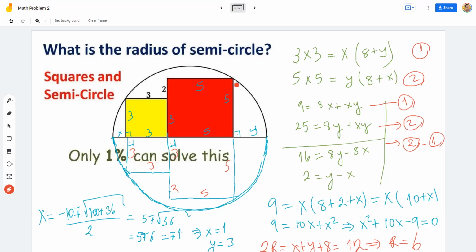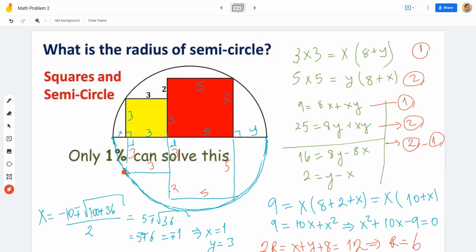So we have a rule. The rule says if two chords intersect, the multiplication of this part and this part equals the multiplication of this part and the remaining part. So the same idea we can apply here. So x times the remaining part equals 3 times 3.